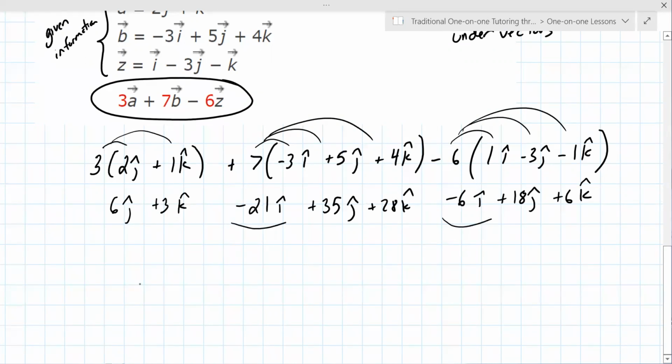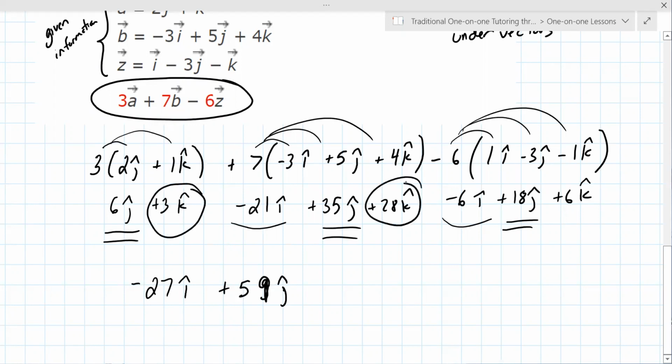So that's minus 27I. And then do the J's. So there's a J, there's a J, there's a J. So that's 41 plus 18, so that's 59J. I don't know why I did that. It's a weird brain thing. And then K. So K, K, and K. So plus 37K.